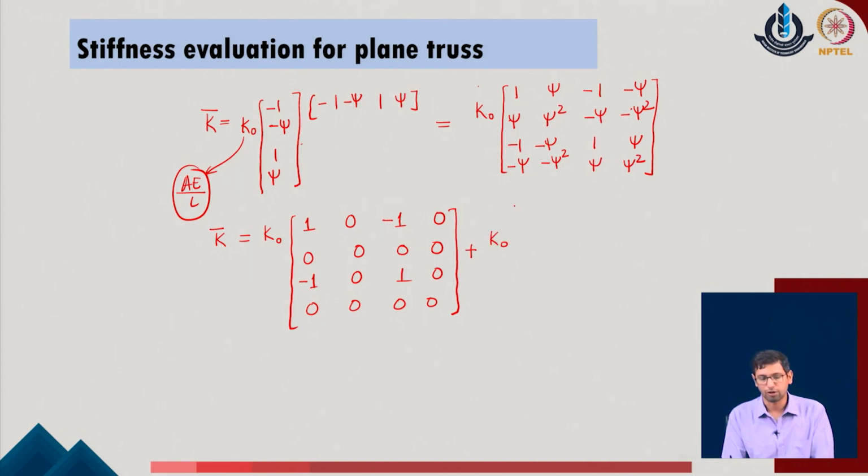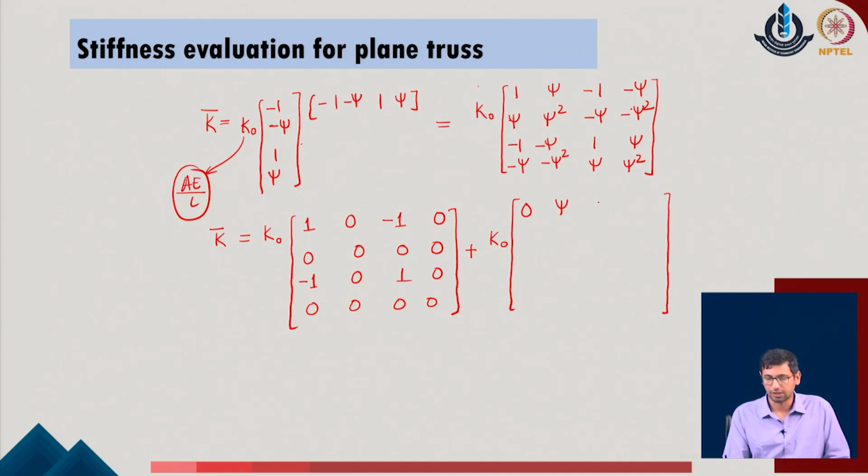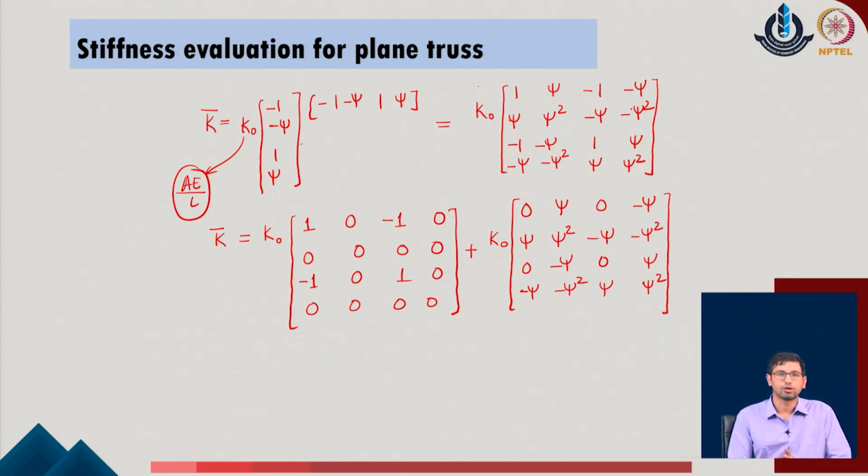Then I took the remaining values, except the constant or 1 unit values, and if I arrange those values I get 0, phi, 0, minus phi, and similarly over here 0, minus of phi, 0, phi. Right. So, this is what we have got eventually by doing this whole calculation.